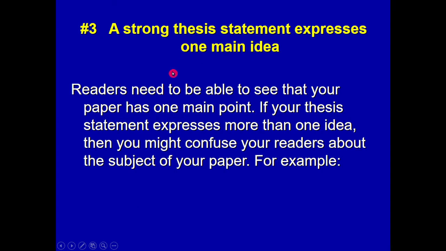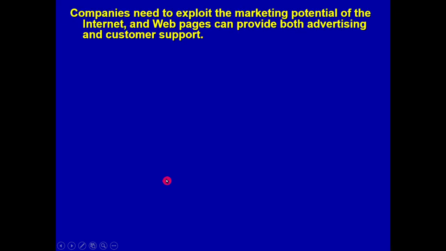A strong thesis statement expresses one main idea. Readers need to be able to see your paper as having one main point. If your thesis statement expresses more than one idea, then you might confuse your reader about the subject of your paper. For example: companies need to exploit the marketing potential of the internet and web pages.